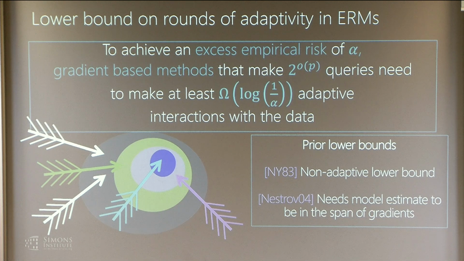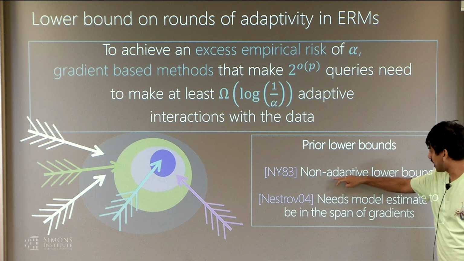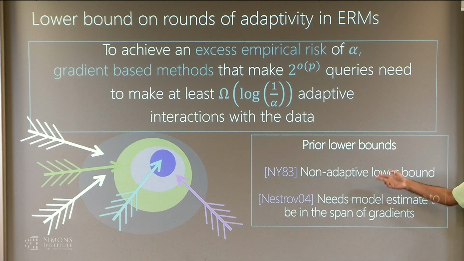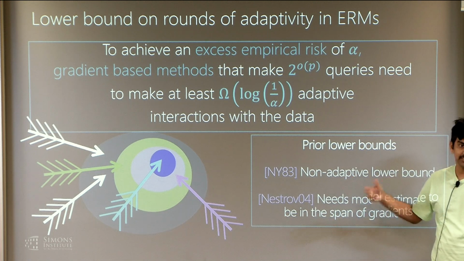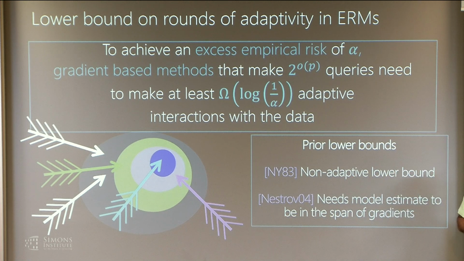Okay, just before I go into the construction of the function, the prior lower bounds. Nemirovski-Yudin was a non-adaptive lower bound, but this recent paper BS18 essentially shows that you can translate that into an adaptive lower bound.